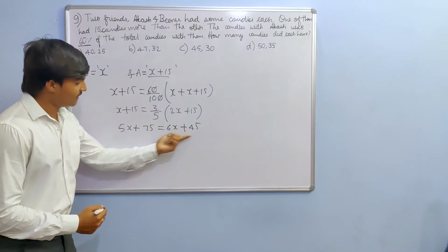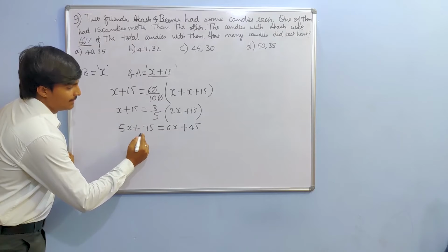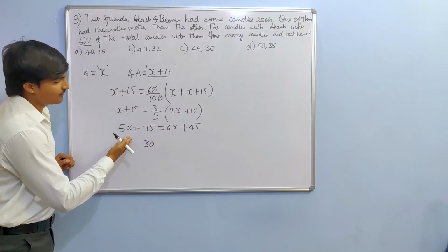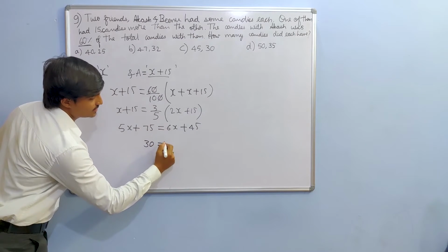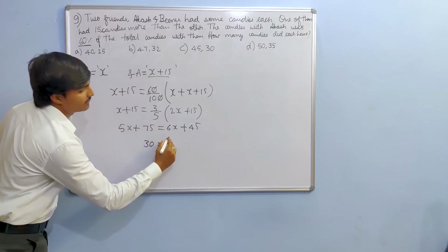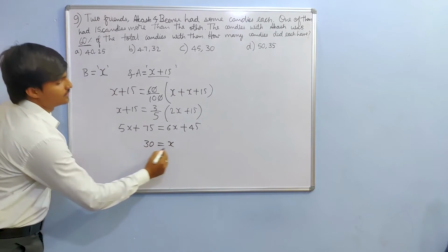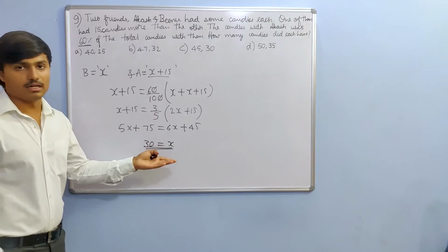By taking this 45 to this side, it becomes 75 minus 45, which is equal to 30, and by taking this 5x to the right-hand side, which is equal to 6x minus 5x, will give you x. So the value of x is 30.